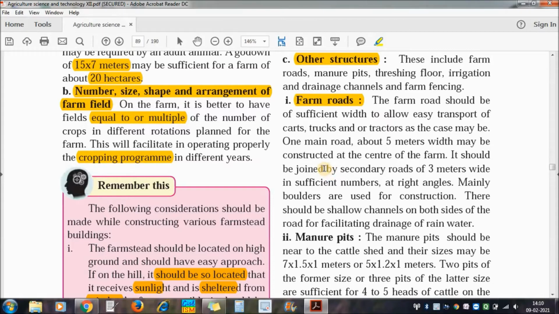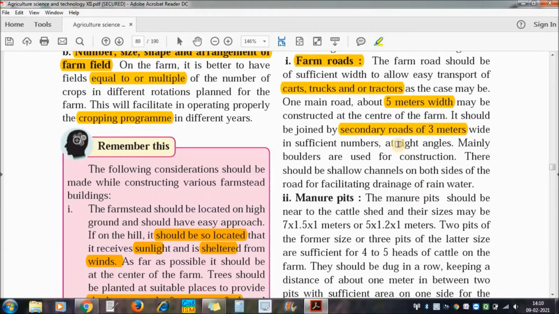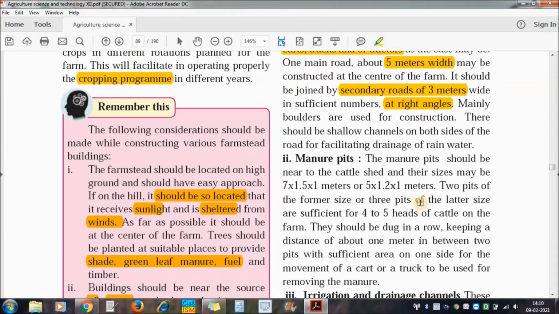So a transport facility, a small road, should provide space to run carts, trucks or tractors. For that purpose the width of the main road should be 5 meter, and the adjoining secondary roads should be 3 meter wide, and they should cross at right angles, so that will avoid wastage of space.